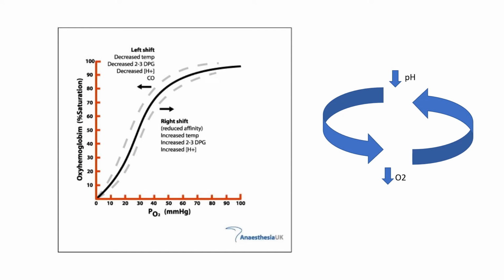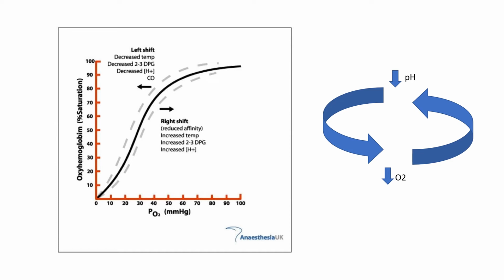This oxygen dissociation curve is famous and is like a physiology 101 thing, but I just wanted to point out when it comes to hot killers why pH is a problem. One of the reasons why low pH is a problem is that it moves the dissociation curve to the right, making this much steeper.